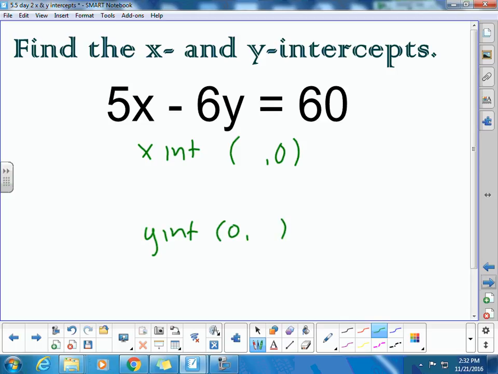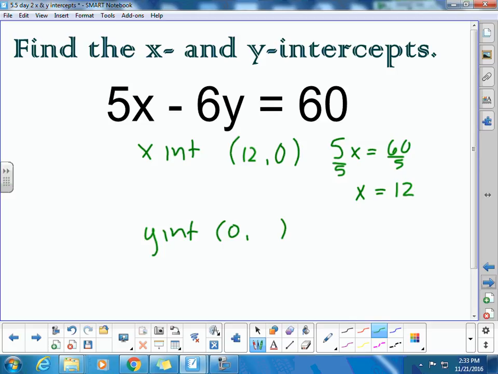When I plug in 0 for y, the y's all disappear, and I end up with 5x equals 60. Divide by 5, and you get x equals 12.